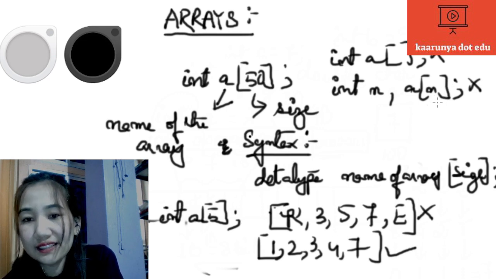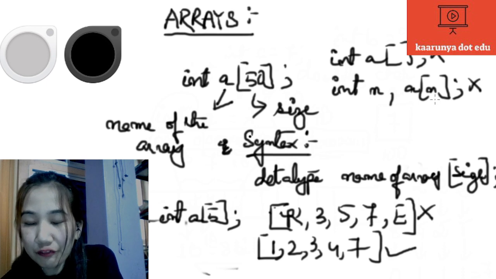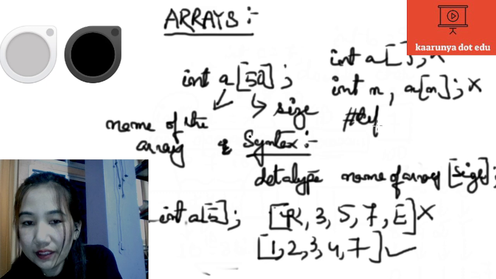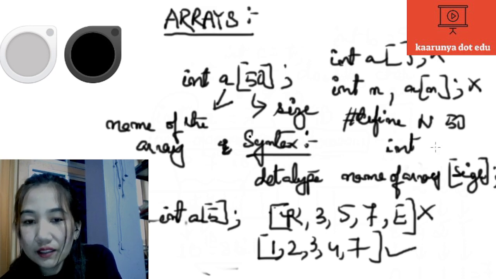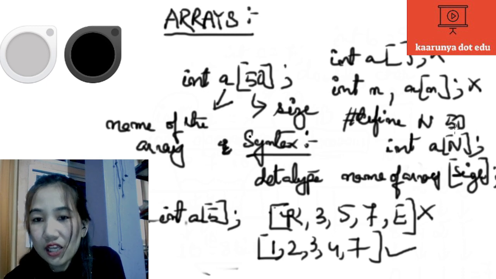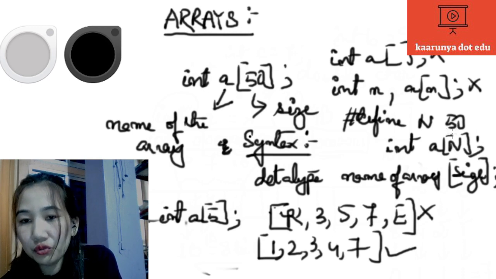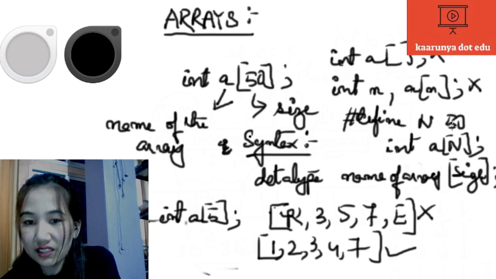Macros are written before the main function and after the header files, using hash define n 50. Then in that case you can use int a of n here. By macros, you know that it is nothing but a constant.